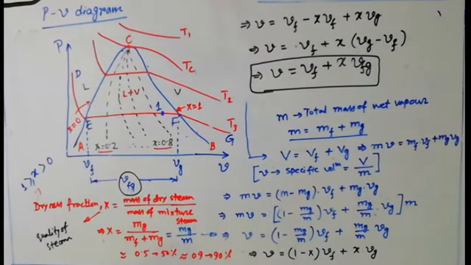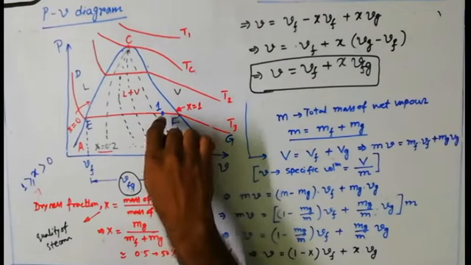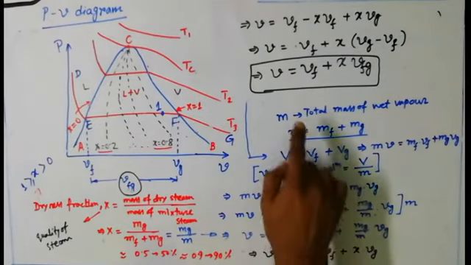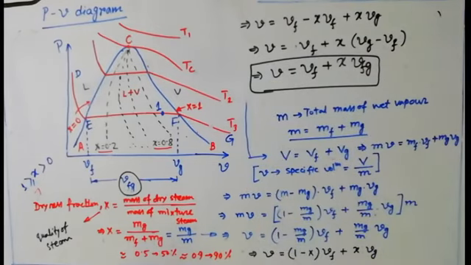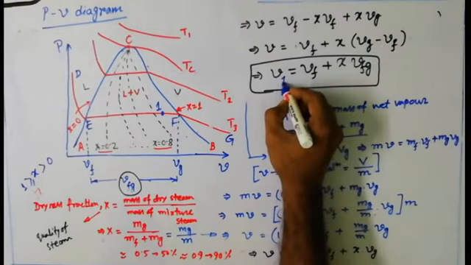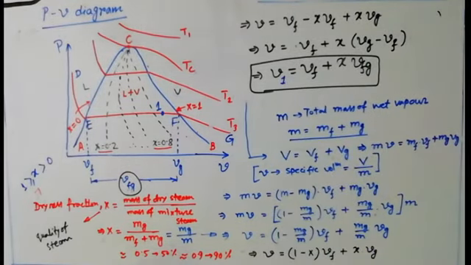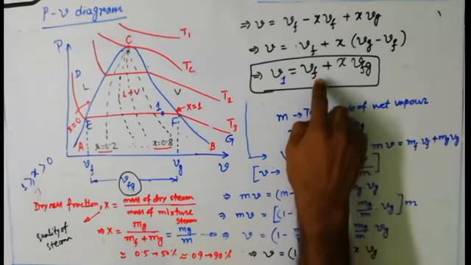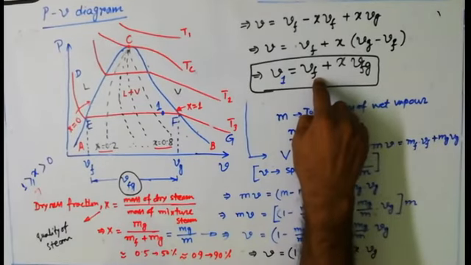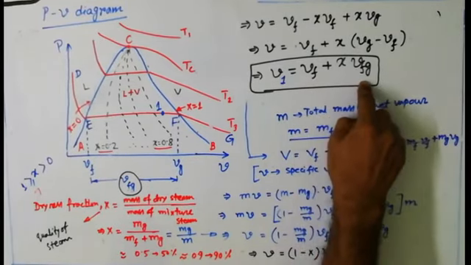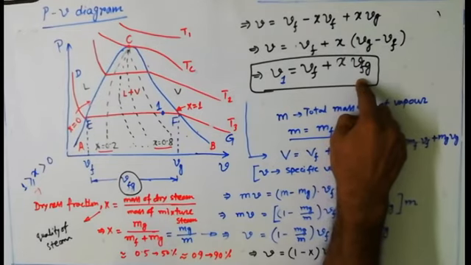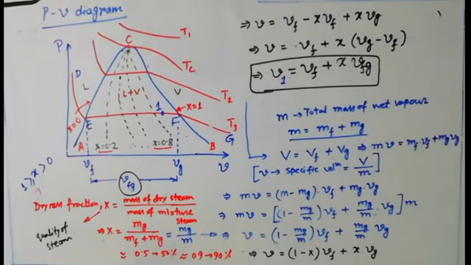The expression for finding that specific volume is V1, which can be found using the specific volume of liquid state, Vf, plus x into Vfg, and Vfg is nothing but Vg minus Vf.